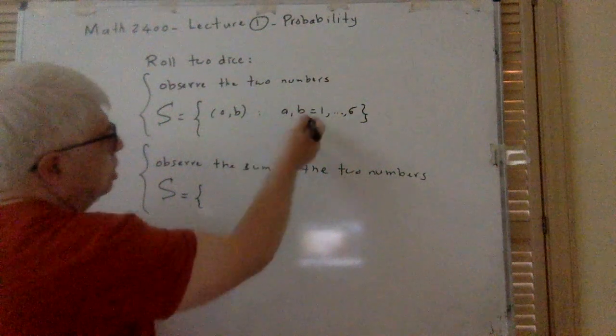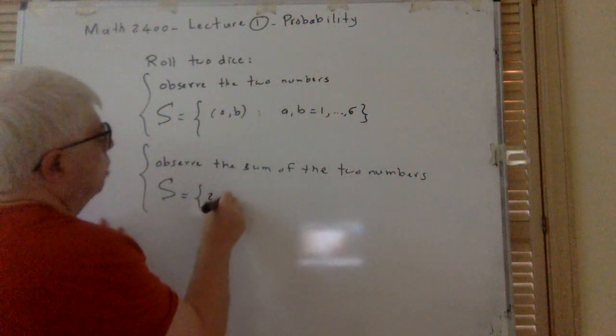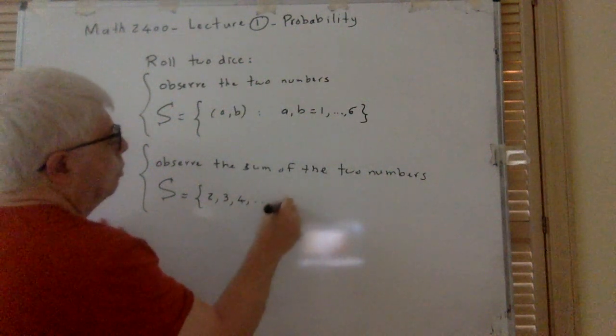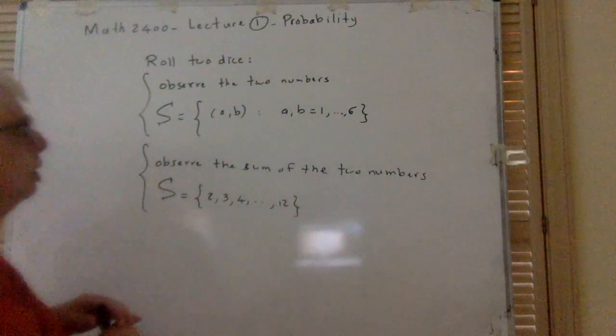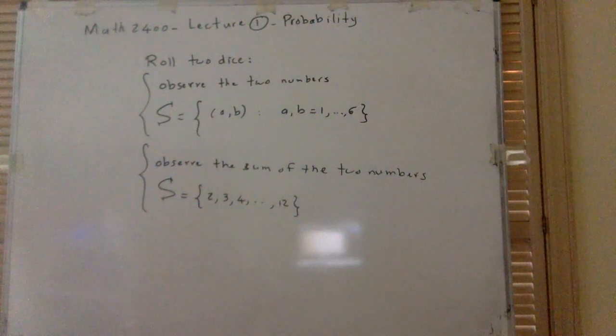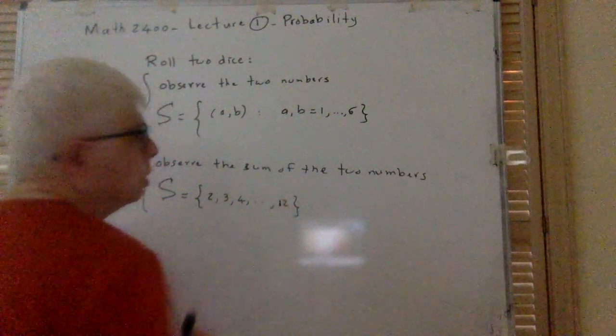Now if I have 1, 1, that's a 2, and we can have 3, we can have 4, up to 6 and 6, that is 12. Okay, so that is the sample space. So depending on what we are observing, we can have different sample spaces from the same experiment.